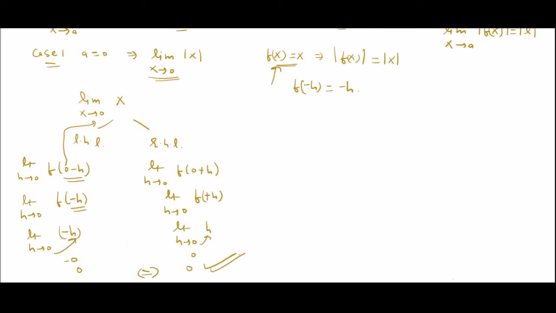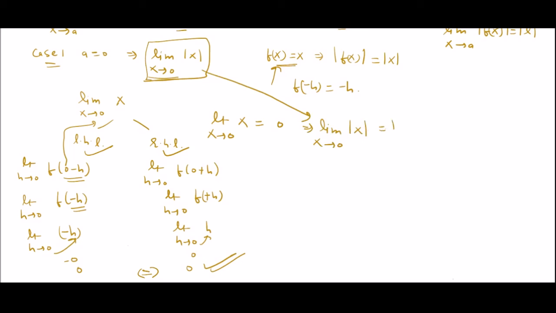So LHL is equal to RHL, which implies that the limit of x as x tends to 0 is 0. So this implies that the limit as x tends to 0 of mod of x will be mod of 0, which will be 0 only. Fine. So here the limit exists because the left hand limit is equal to the RHL and the limit as x tends to 0 is 0.